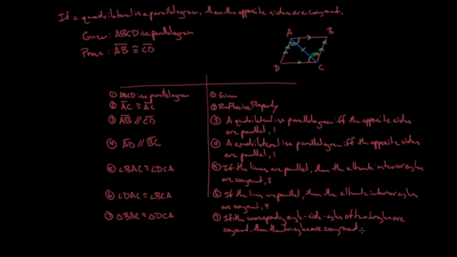All right, perfect. And that comes from, let's see, what all I need to cite. 2, 5, and 6. And so I did all this work, and I proved these triangles congruent so that I can finally prove the thing that I wanted to, which is that A, B, and C, D are congruent to each other. So that'll be my last statement. Statement number 8, AB is congruent to CD.